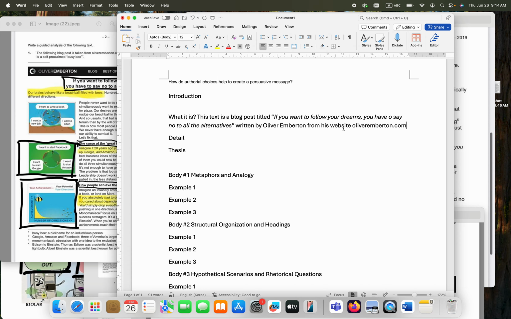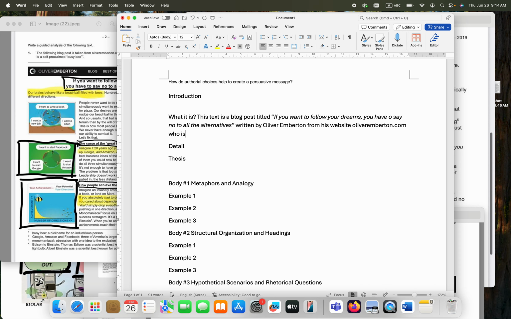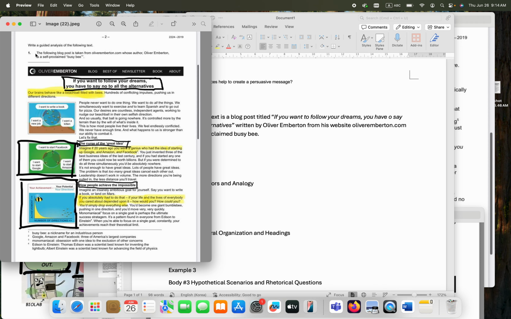And then you could add who is a self-proclaimed busy bee. So this is just the starting sentence, just describing the text. So basically what I'm doing is just copying the exact sentence right here.